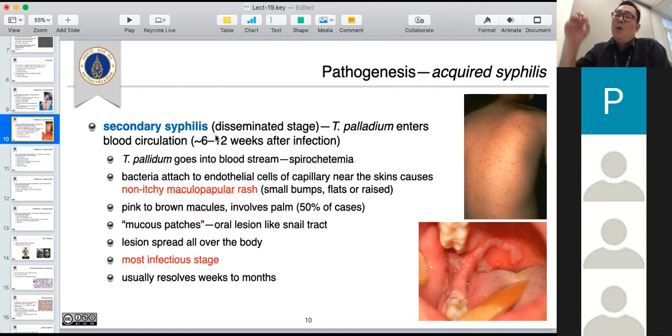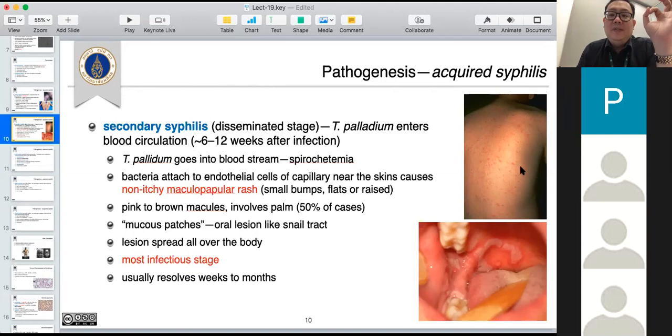When they go to the blood circulation, bacteria love to attach to endothelial cells, that is cells of the blood vessel, particularly in the capillary blood vessels near the skin. Okay, and they cause a non-itchy maculopapular rash. Macule, and papules inside the rash.